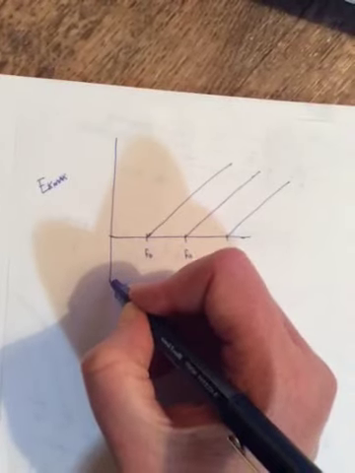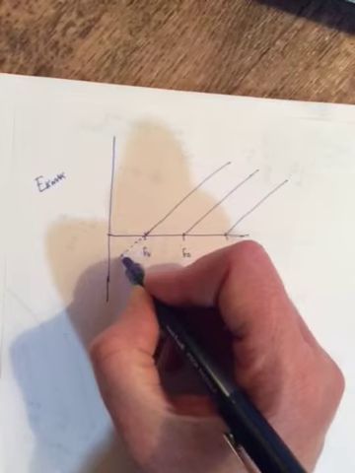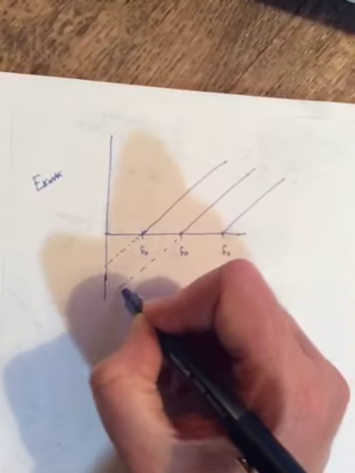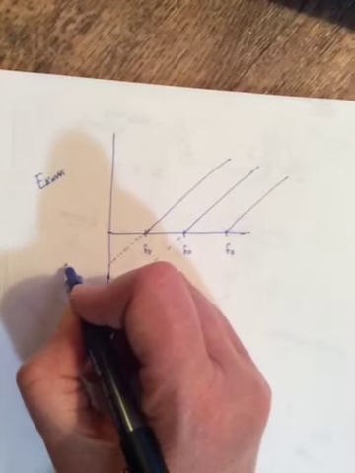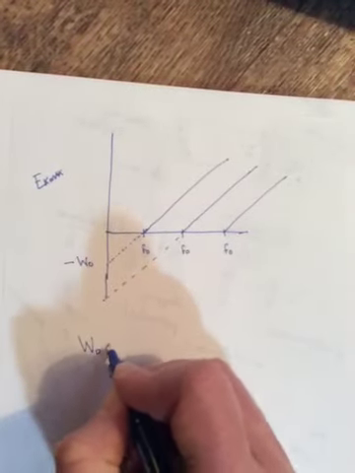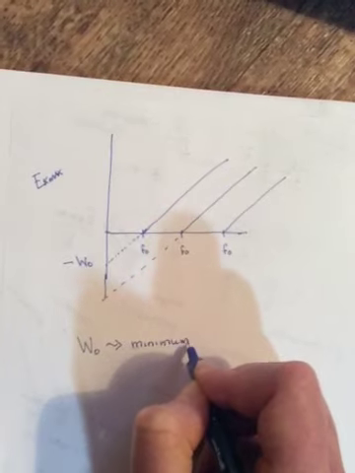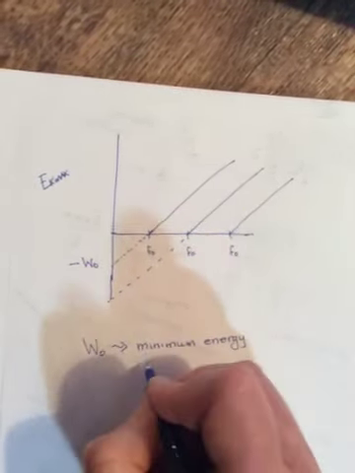One of the other things that they discovered was that if they extrapolated this line back to where they intercepted the y-axis, they intercepted at a spot that they called WO, where WO was the minimum energy needed to release the electron.